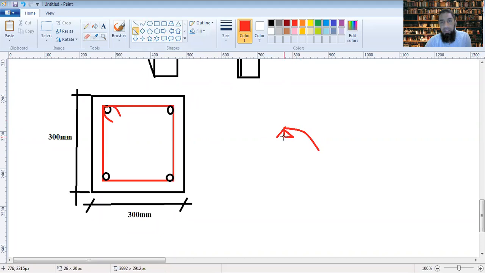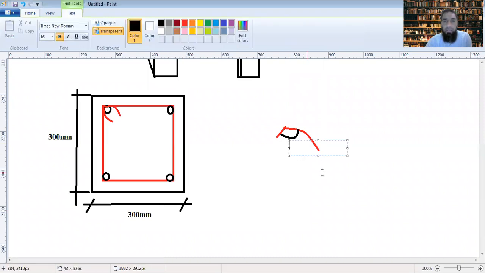This bend here, if you project it, I am not able to depict it, or I can show it like this. This bend is 135 degrees. It's a 135-degree bend.